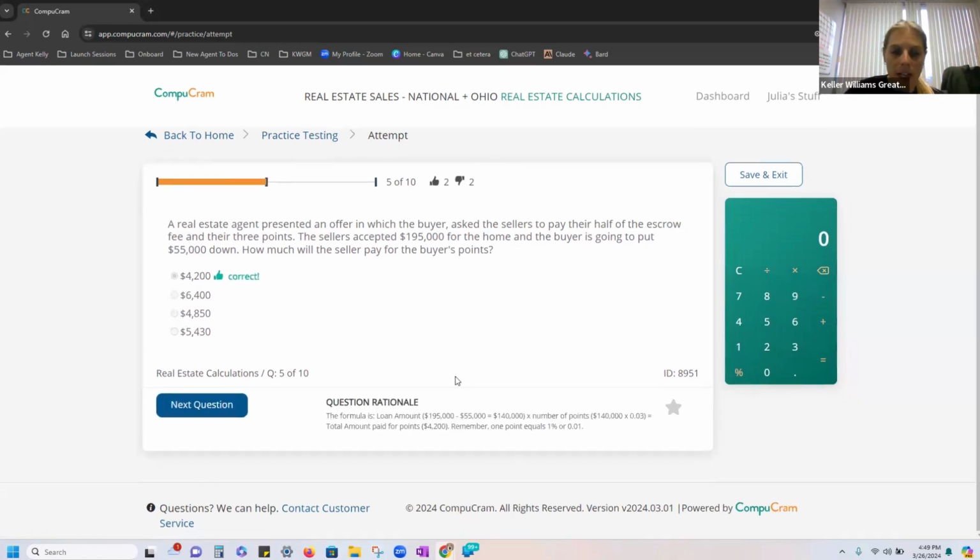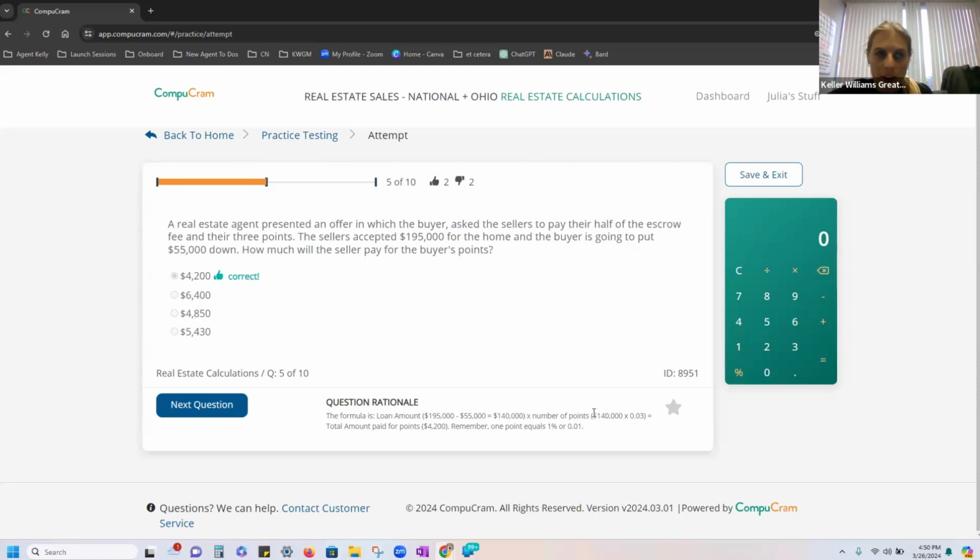So the correct answer is A, $4,200. And how you do that is, the seller accepted $195,000 for the home, and the buyers are putting $55,000 down. So you do 195,000 minus the 55,000 and you get 140,000.